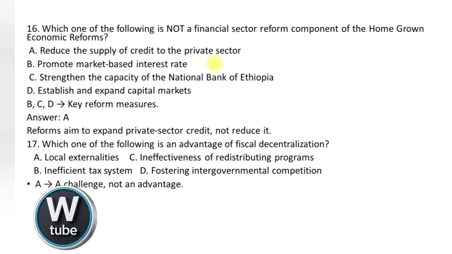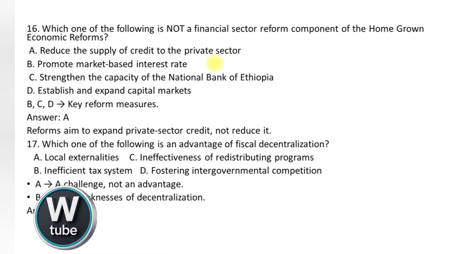Local externalities is a challenge, not an advantage, so A is not the answer. Inefficient tax system and ineffectiveness of redistributing programs are weaknesses of decentralization, not advantages. So D, fostering intergovernmental competition, is an advantage of fiscal decentralization.